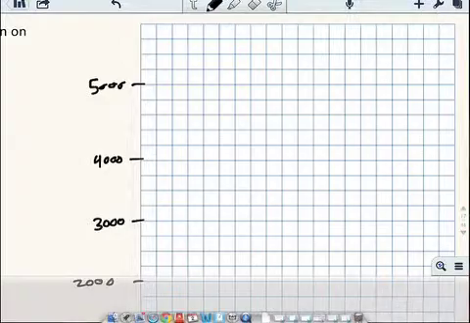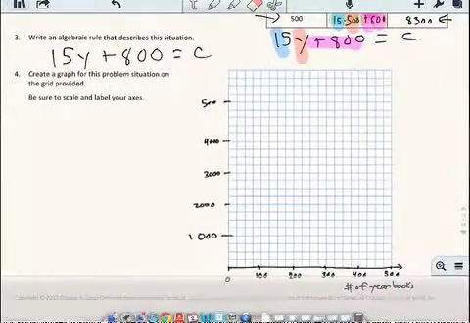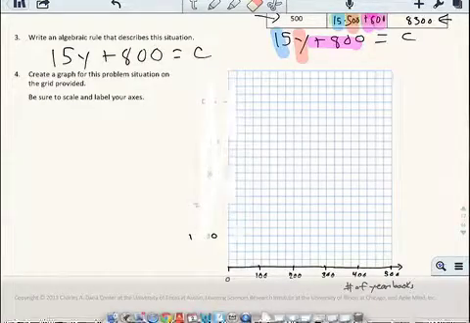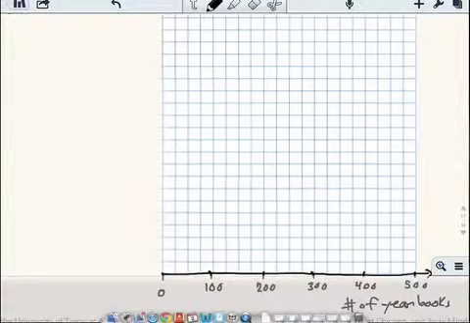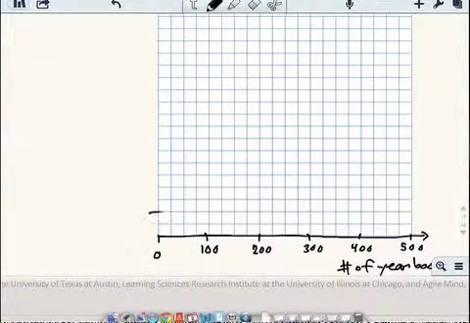So clearly that didn't work, so I need to try again. Get my eraser out here. I'll maybe count by every 2 is 1,000.